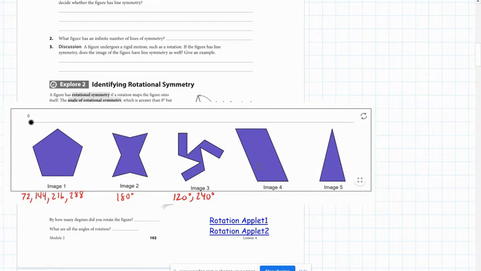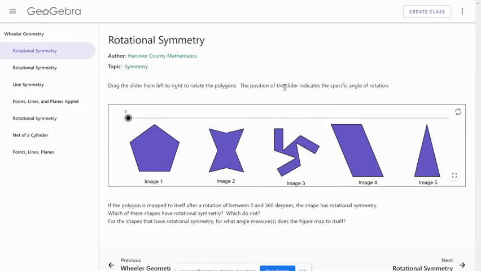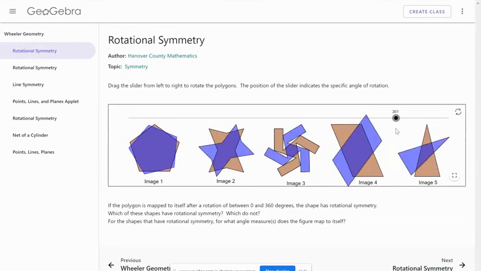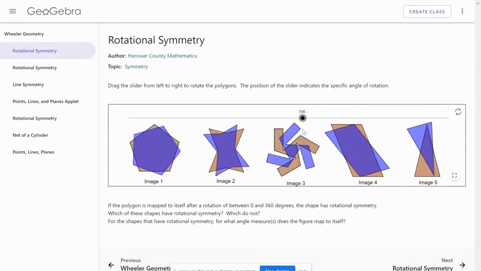Image 4 only has 180-degree rotational symmetry. If we take a look at the applet, there it matches at 180, and it doesn't match again until 360, so it has only 180.